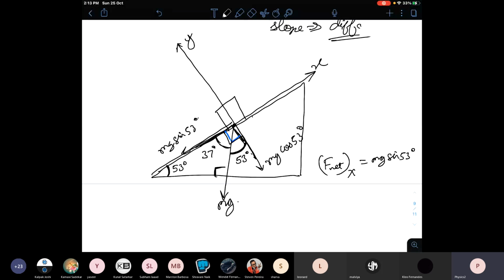So m a_x equals mg sin 53 degree. m gets cancelled, so a_x comes out to be g sin 53 degree. This is how you get acceleration in the x direction as g sin 53 degree.